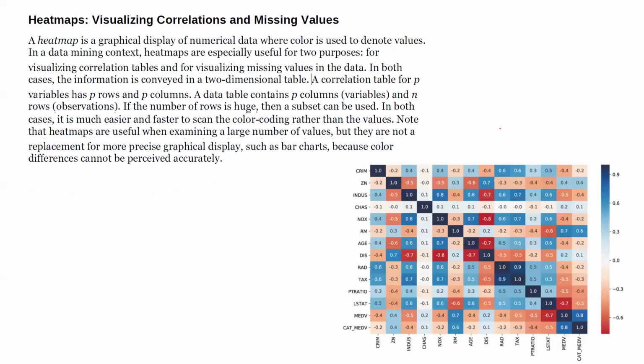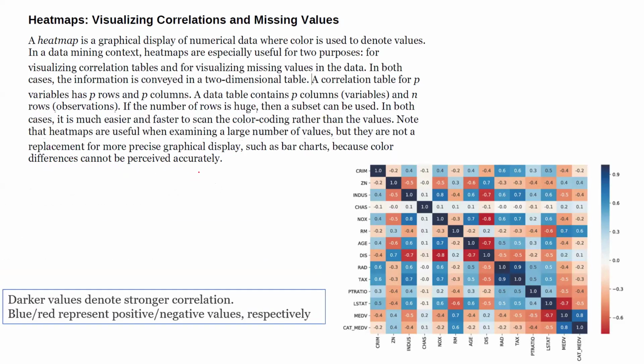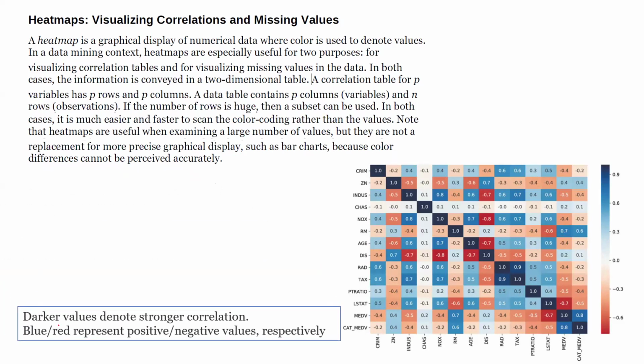So a heat map, as we saw before, is similar to this. It's color-coded. And as we discussed, for the correlation coefficient, darker values denote stronger correlation. Blue and red represent negative and positive values respectively. Now let's go back to our data set.